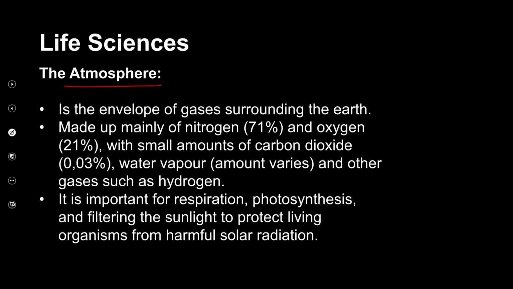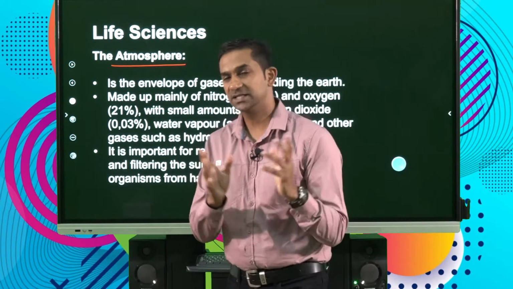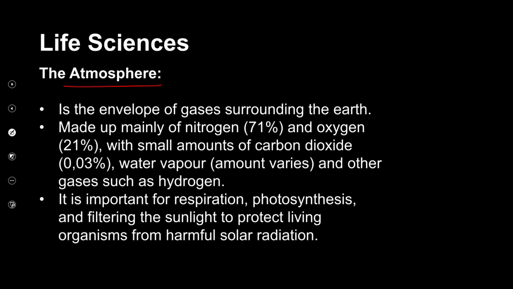When we look at the atmosphere, it is important to understand what the atmosphere is made up of. What is the atmosphere made up of? Predominantly gases. Let's try and unpack what these gases are. So surrounding the Earth, we have a layer of air called the atmosphere.